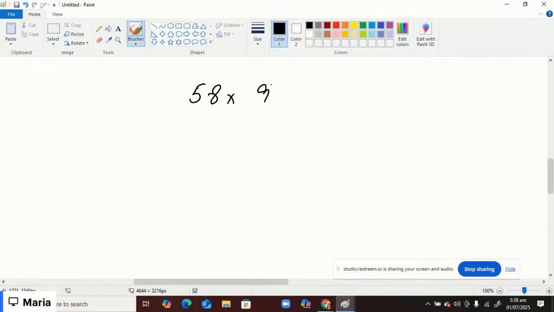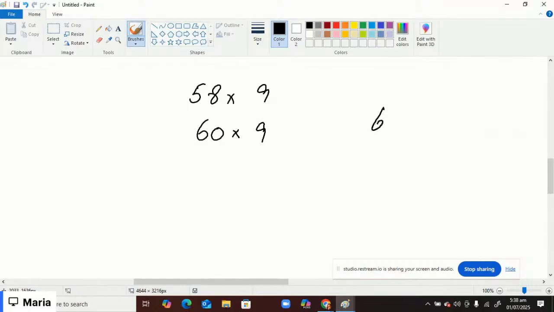It can be changed into 50 or it can be changed into 60. 8 is greater than 5, so it can be rounded up. It's not rounding down, okay? So 58 times 9 is, 58 can be rounded up, so it can be rounded to 60. Okay?